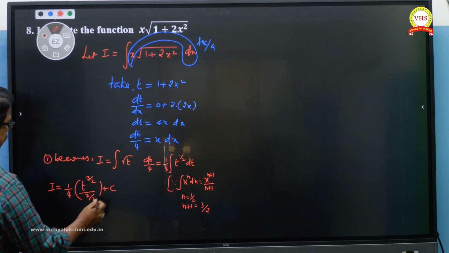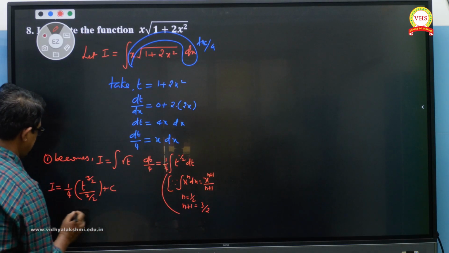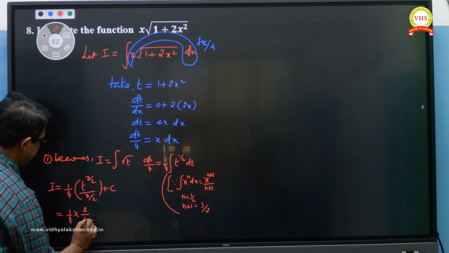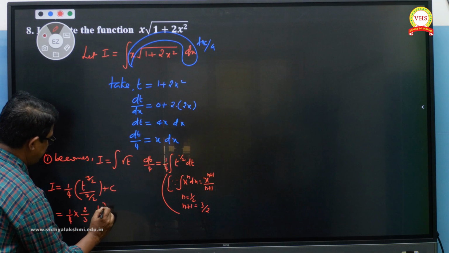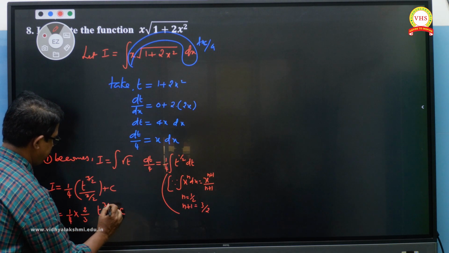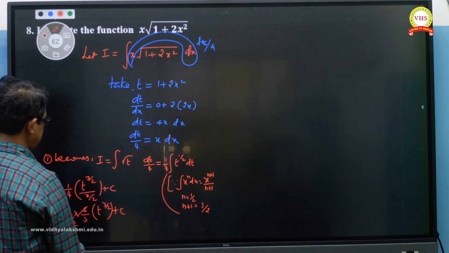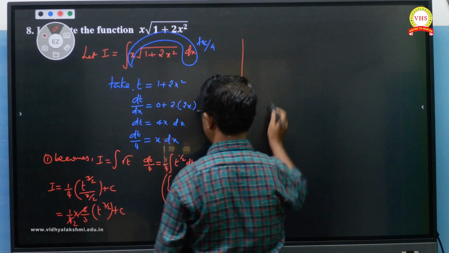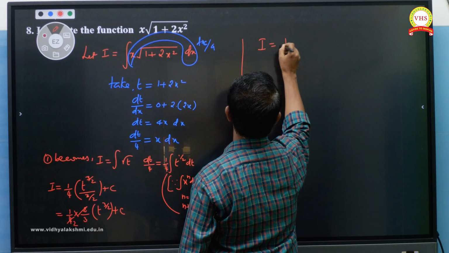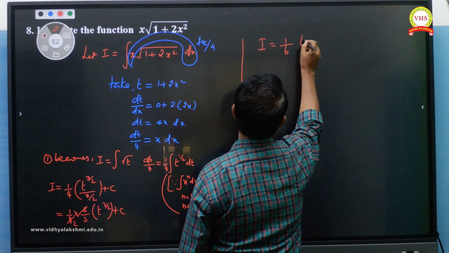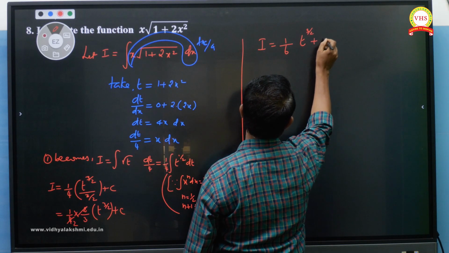Now taking the reciprocal, we get 1 by 4 into 2 by 3 into t to the power of 3 by 2 plus c. Now cancel by 2. The final answer is I equal to 1 by 6, because 3 twos are 6, into t to the power of 3 by 2 plus c.